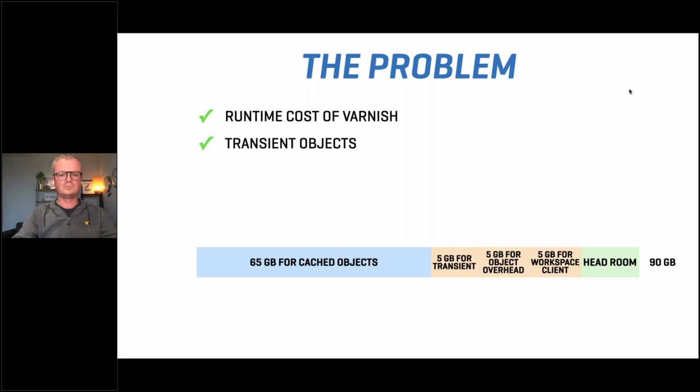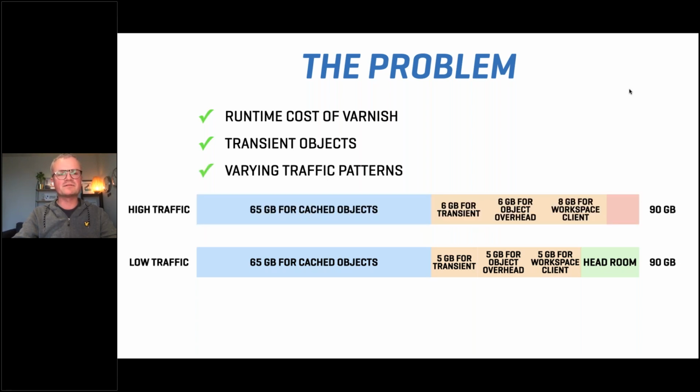So there is not only Varnish in the system, but there are other moving parts we don't really have a complete overview on. And then on top of that, you have the transient memory, which is not the same memory, but it also stores objects, with short-lived objects, and that can grow on you as well. And then if you have varying traffic patterns, the more traffic you have, the more these variables will kick in, and the more they will eat out of your headroom.